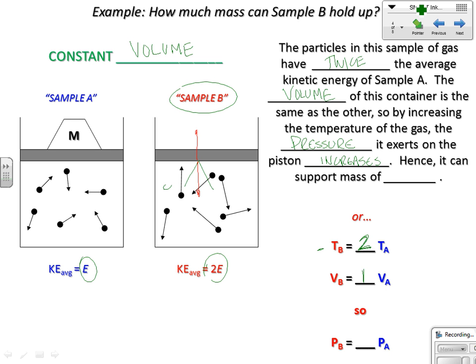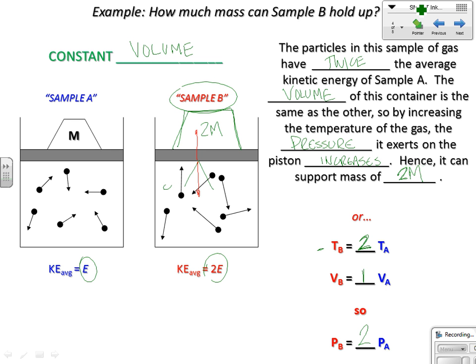And if there's twice the force per unit area, there must be twice the pressure. So that means we can support a mass of 2m. All right, so we would say, well, now we can hold up a mass here that we call 2m instead of just m.